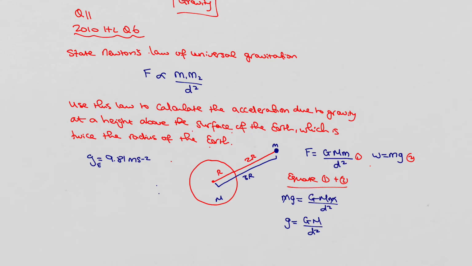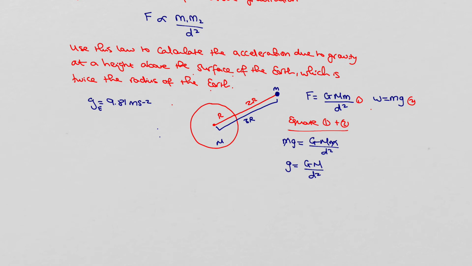So this is our way of finding the value of gravity. Now, I'm told that the distance of this object is going to be 3 times the radius. So if I look at gravity on the surface of the Earth, it would be capital G M over the radius of the Earth squared.